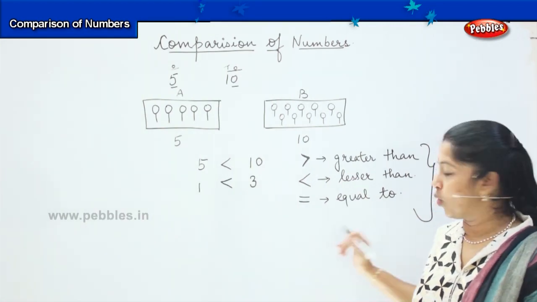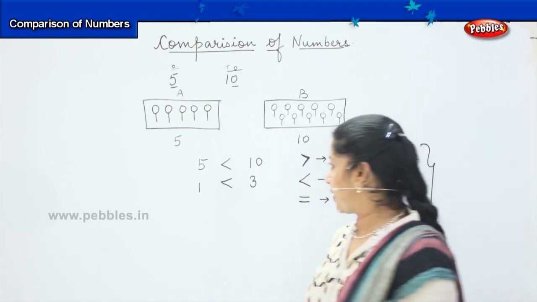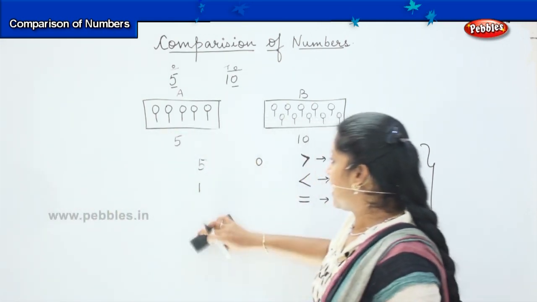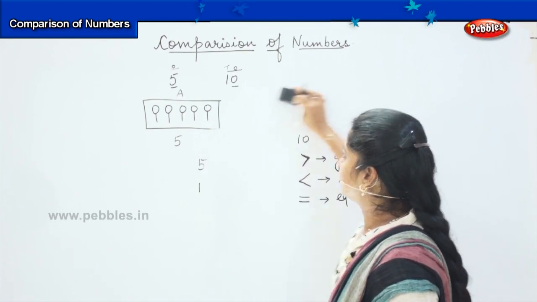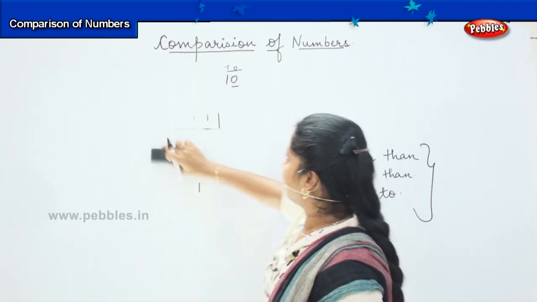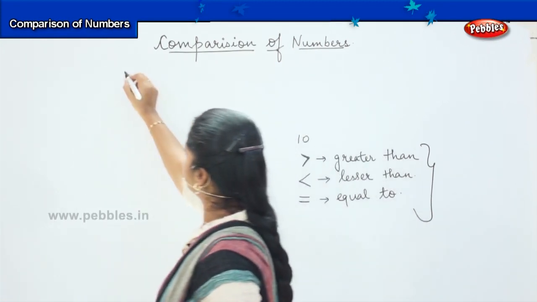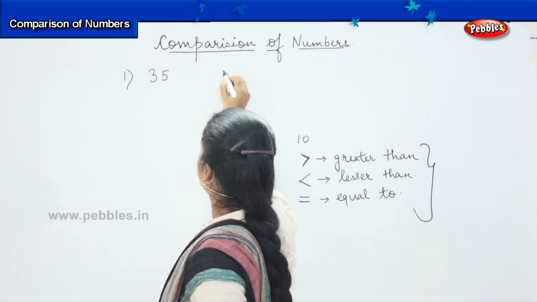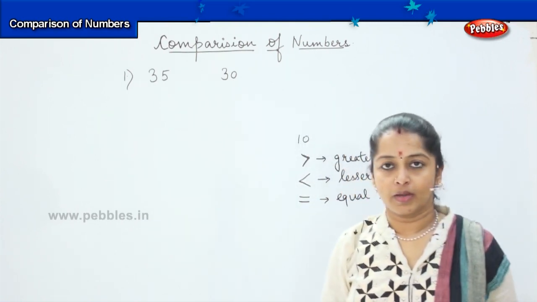Now to begin with, shall we do a few examples? I am going to give you a couple of numbers and you need to tell me which among these is the bigger one. To start with the first one, I have the numbers 35 and 30.